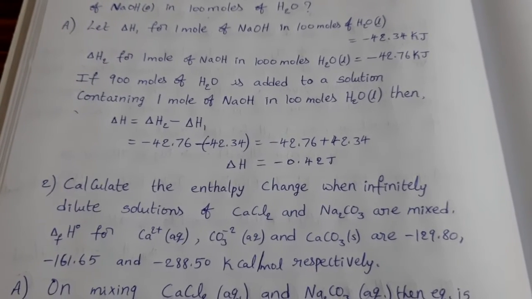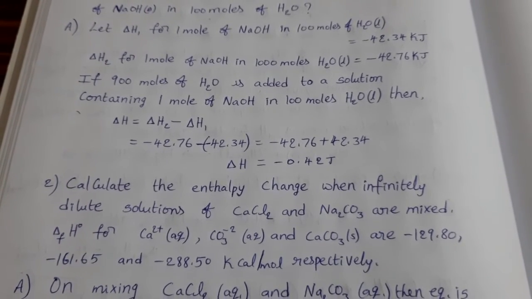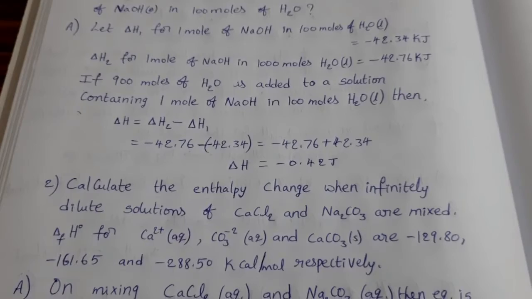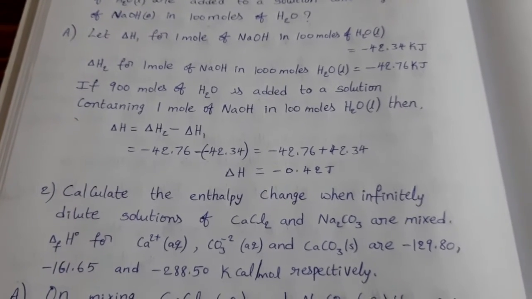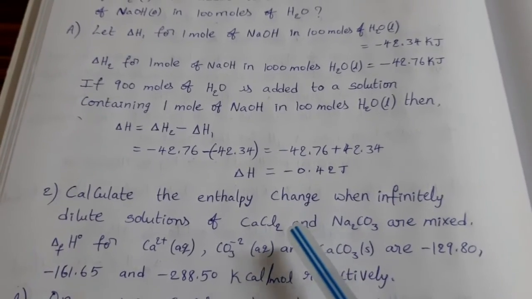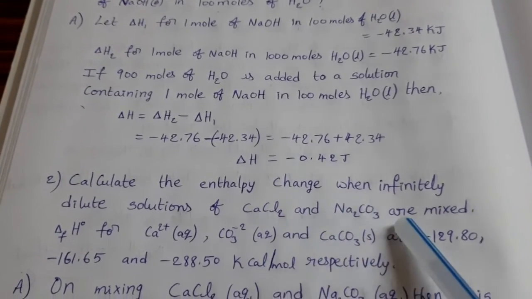So the standard enthalpies of formation of calcium ion, carbonate ion and CaCO3 are given. We have to find out the enthalpy change when these two dilute solutions are mixed.